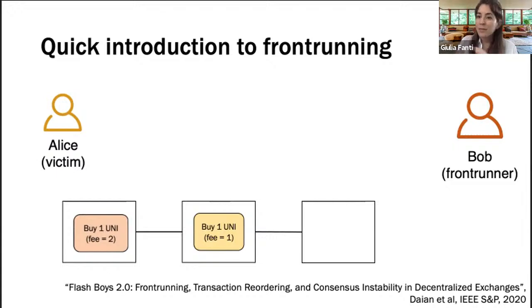So get in buy orders before somebody else does in order to cause the price to go up and then sell later. So this is a very common game in traditional financial systems, and it's a big problem. The SEC heavily regulates front running in classical financial systems. But the problem is that in cryptocurrencies, we have basically a Wild West. It's very difficult to regulate this kind of thing.